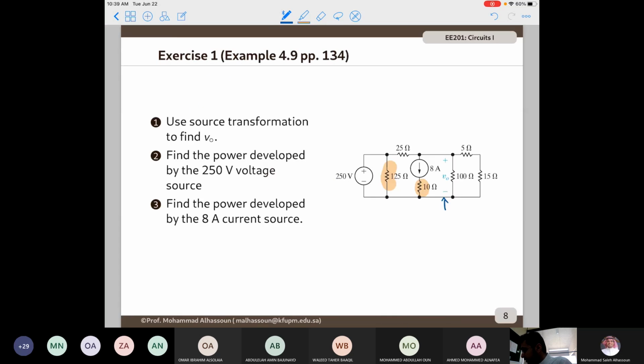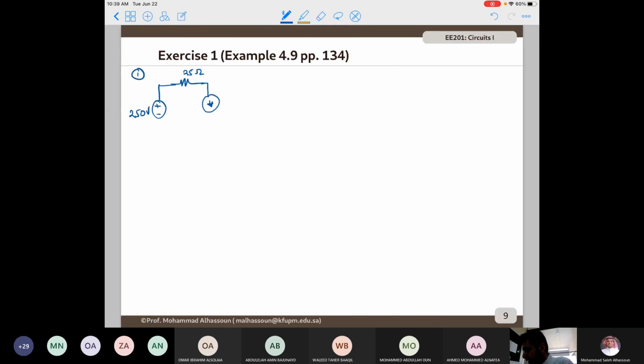Because here I removed the 125, so I will get the 8.